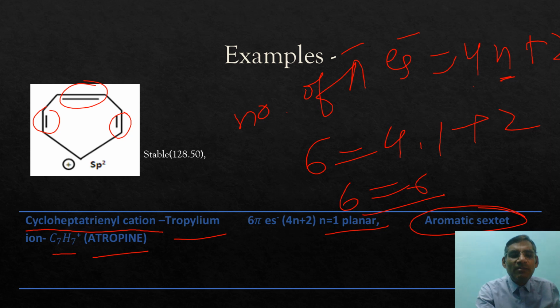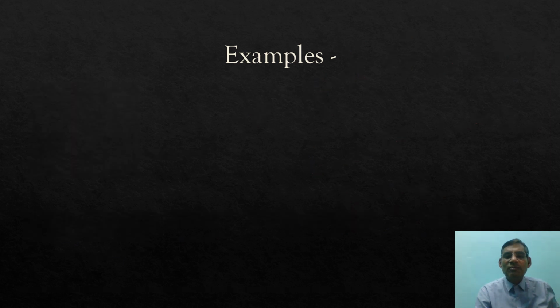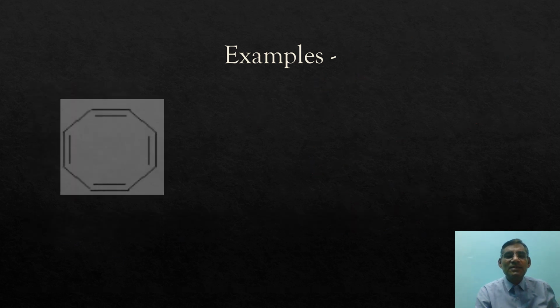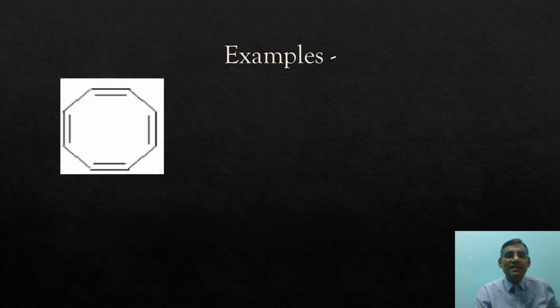It is planar in shape, conjugation is there, so it will be stable. Energy will be 128.50. So this is the cycloheptatrienyl cation, that is the tropylium ion, or you can say atropine, which is used as a medicine.